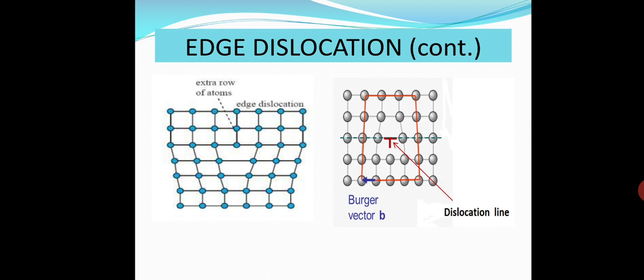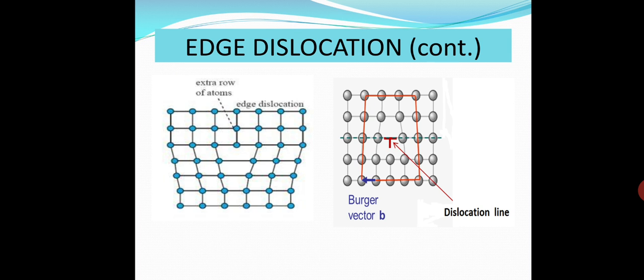So this is the figure of dislocation. So here the extra row of atoms, this is extra because from this plane the atoms below were removed. So this causes an extra half plane, and at the edge of this extra half plane the disturbance occurs.